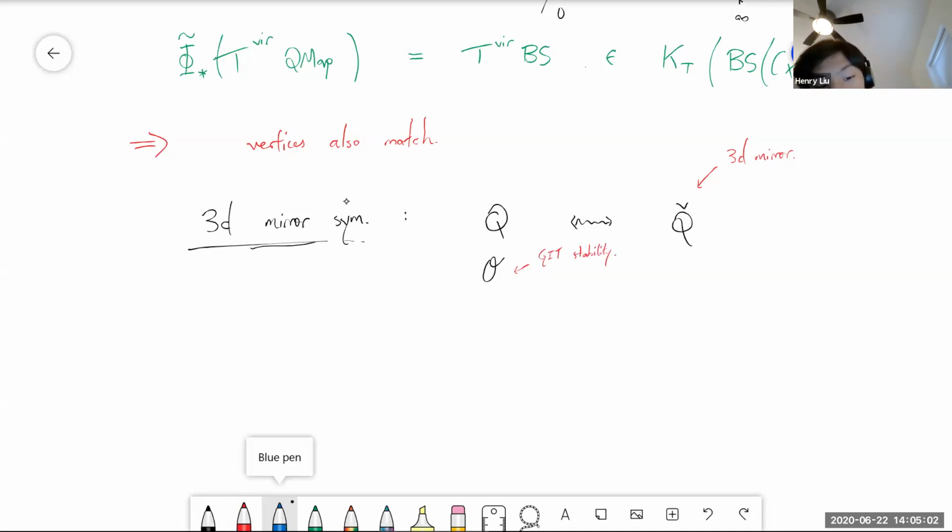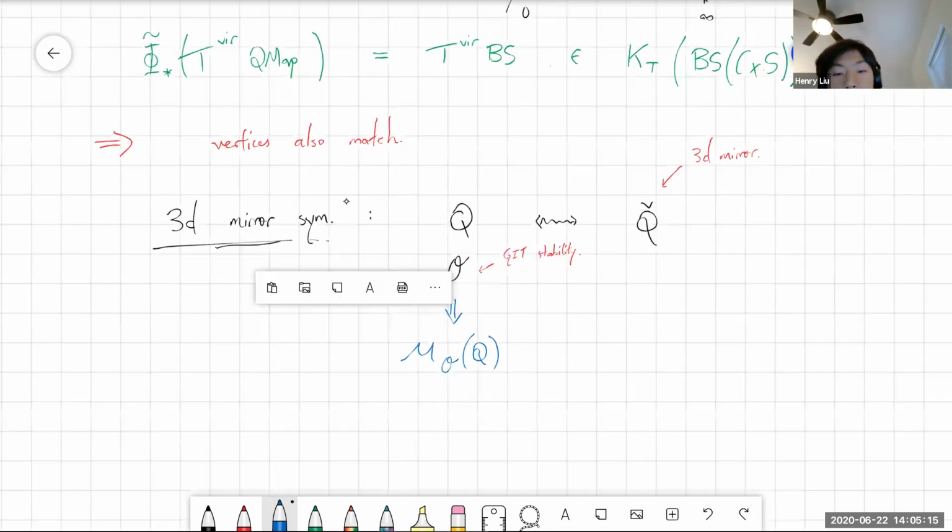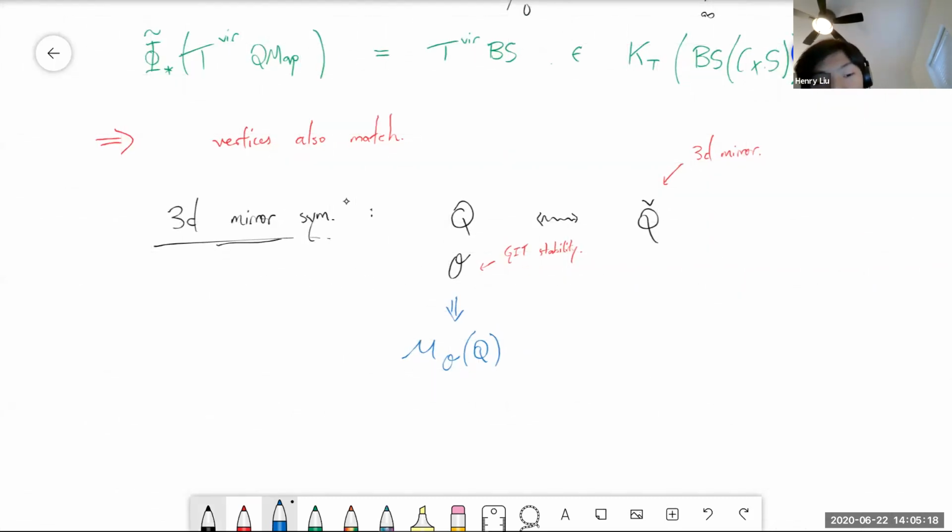If you have these two ingredients, you can produce a moduli space, which is the Nakajima quiver variety associated to Q with the stability condition theta. And you can do the exact same thing on the other side. Check. And here you'll get a mirror Nakajima quiver variety theta check, Q check.